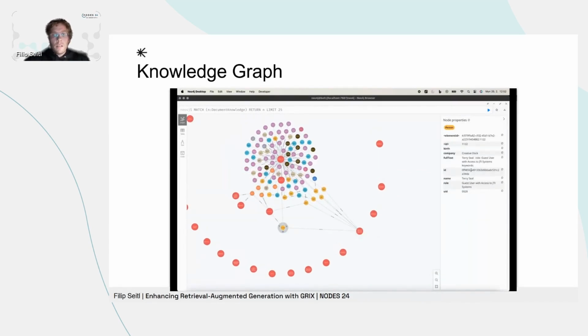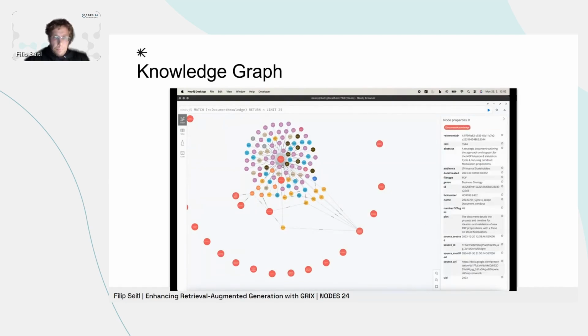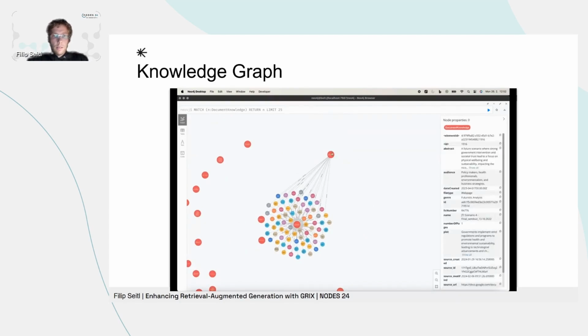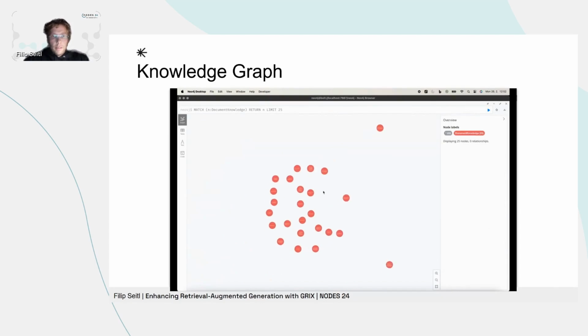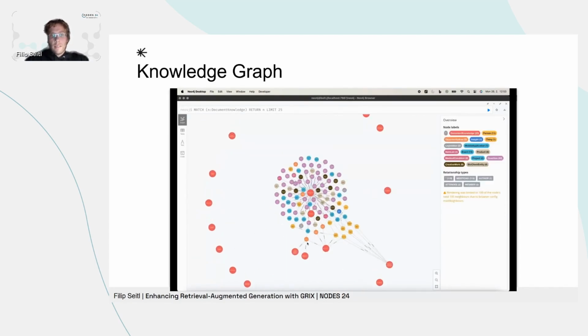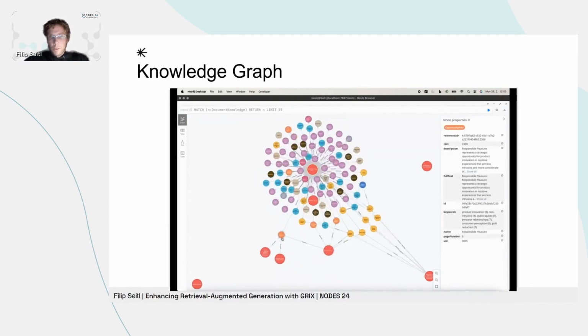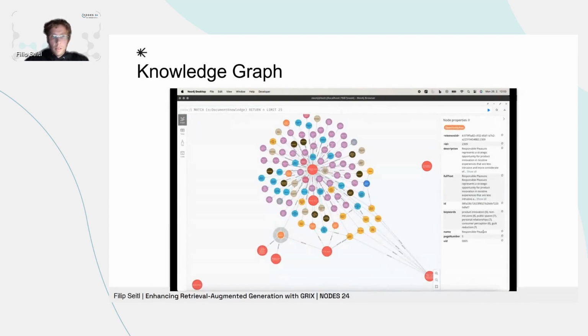By color, we distinguish the different types of nodes. The bigger red circles are nodes representing documents, and the rest are nodes of different types. So, for example, the blue can be a person, etc.